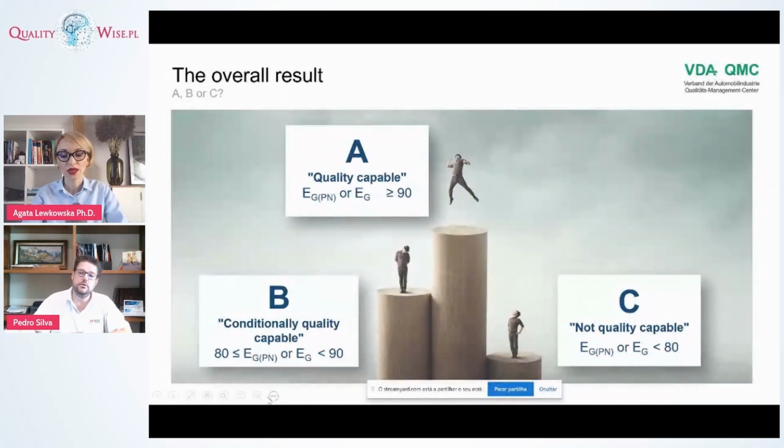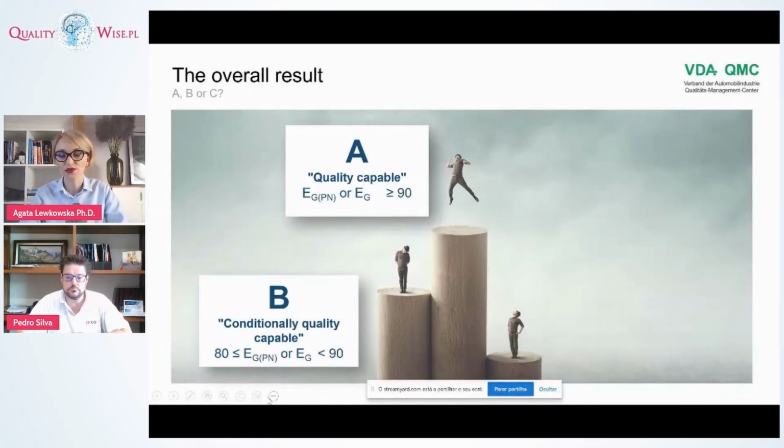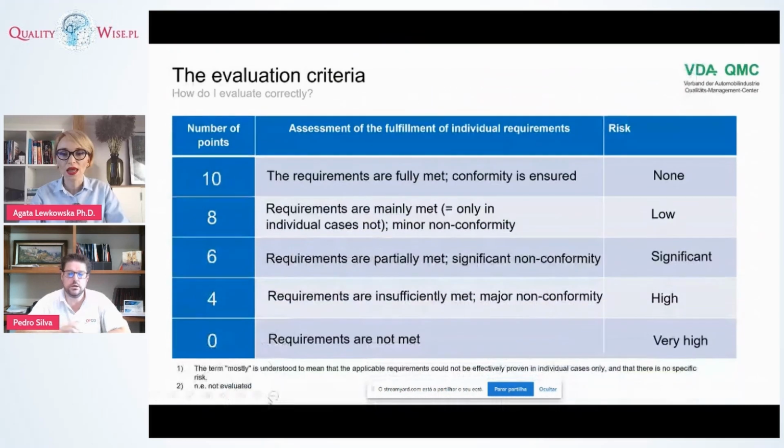Exactly. So we can see here in the scoring of the results of such an audit that this is risk-based thinking. Starting from the individual questions from 0 to 10 points, it's all about the risk for the customer, and for the organization as well, and also the evaluation in total. There is downgrading because, again, of the risk.